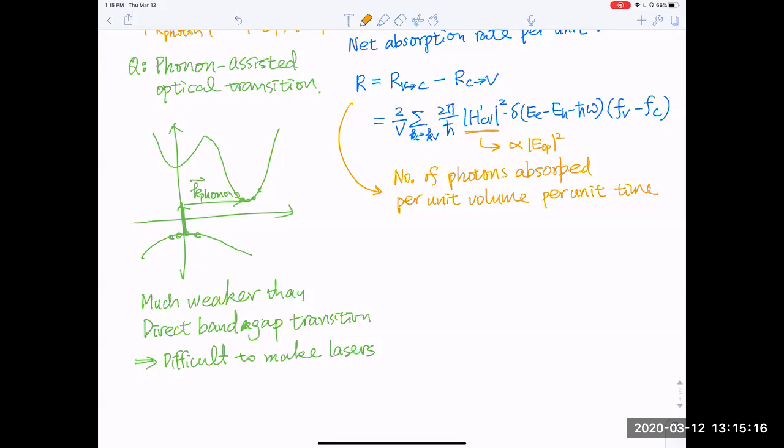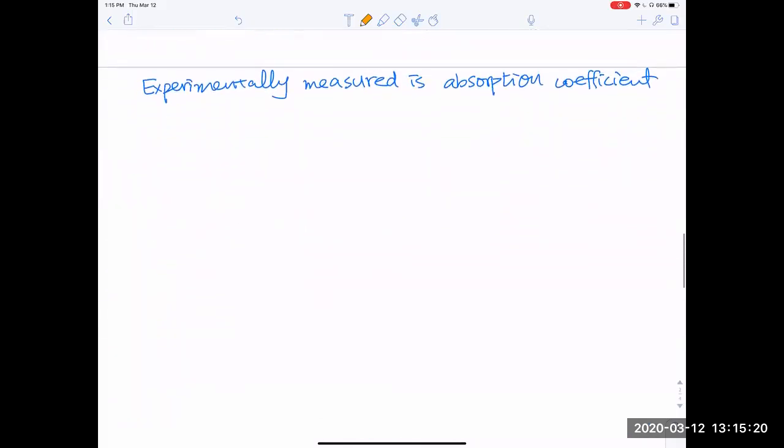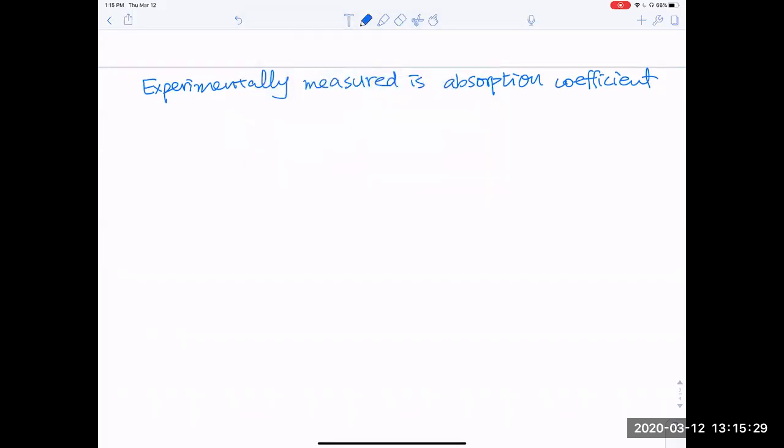So we'd like some sort of normalization, and that's where the absorption coefficient comes in. It is defined through the optical intensity in a media.